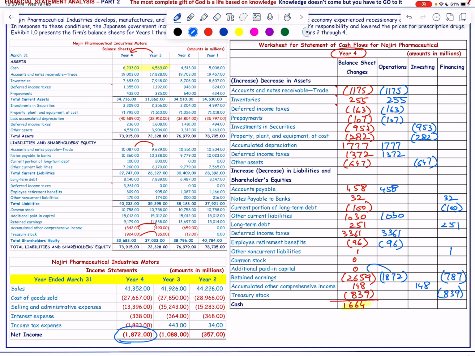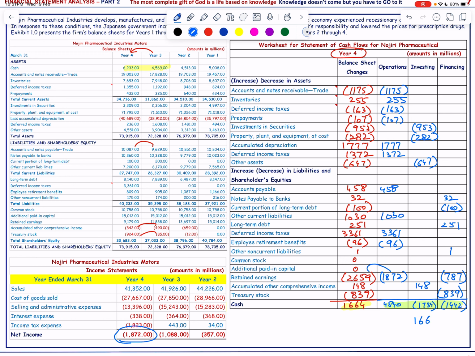So we make the total, and the total will be 4840. This will be negative 1734, and this will be negative 1442. So if we make the total again of these three, operating, investing and financing, it must be 1664.